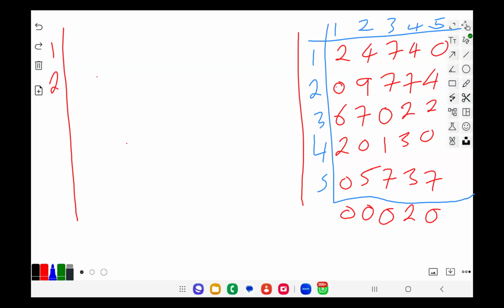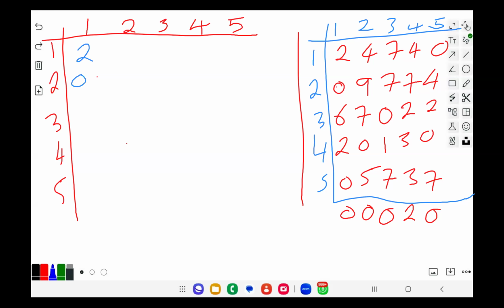1, 2, 3, 4, 5. 1, 2, 3, 4, 5. Okay. So you start again subtracting: 2 minus 0, it will just be 2, 0 minus 0, 0, 6 minus 0, 6, 2 minus 0, 2, and 0 minus 0, 0, right?